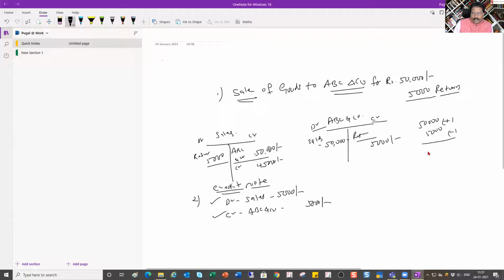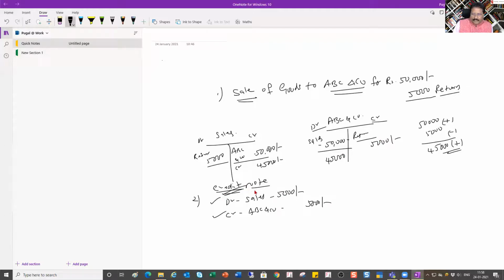And now what is the net when you take the difference of this? It is going to be 45,000 rupees, and the highest value still remaining is the plus value, right? So once you pass this credit note, the amount that ABC is going to pay you is 50 minus 5,000, so 45,000 rupees. Okay, this is clear.